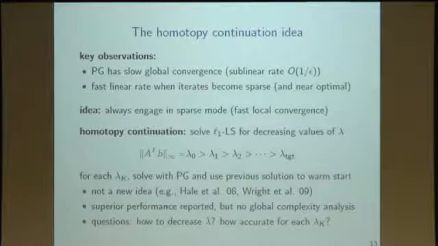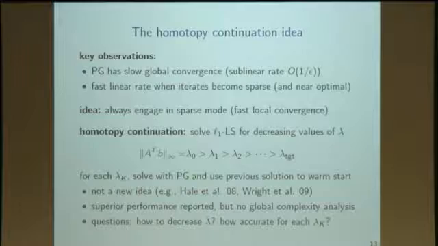So the idea is that for this L1 regularized least squares problem, if you give a large enough regularization lambda, and this number can be easily computed, you will get a zero solution without any change. And then you just reduce lambda a tiny bit. The solution is still very, very sparse.